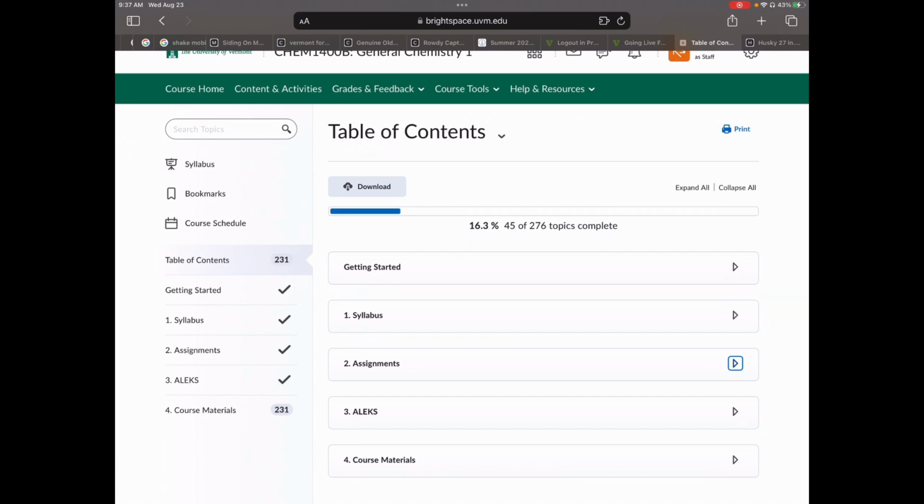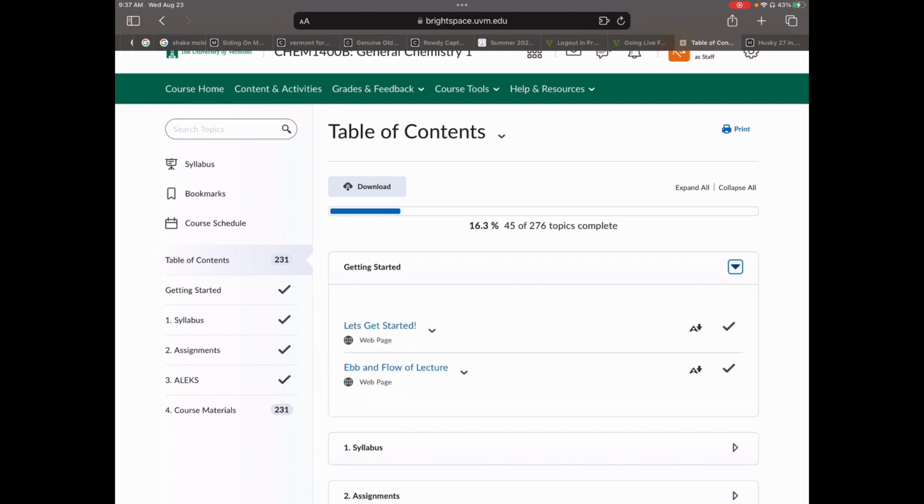All right, so looking at the rest of this information that we need to kind of just pan through, notice we're back in that table of contents area. If we look below the table of contents link on the far left, we see getting started, 1, 2, 3, 4, syllabus, assignments, Alex, etc. We also see on the right side of the page a mirror image of the same thing. Here on the right, what this is allowing you to do is see everything because of these drop down menus.